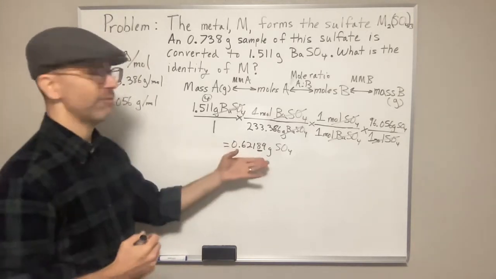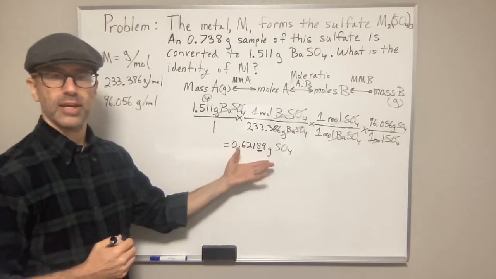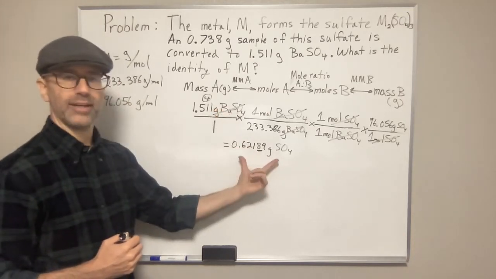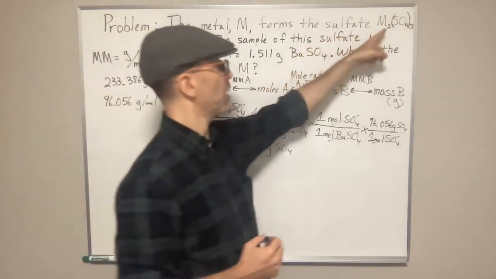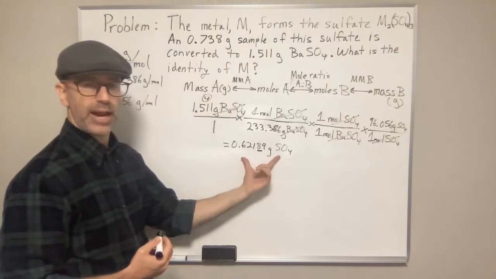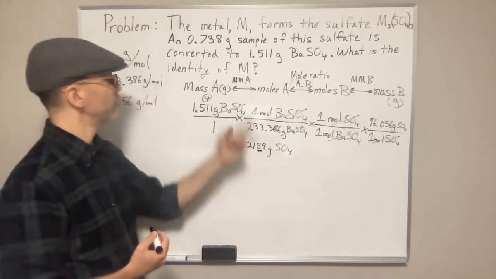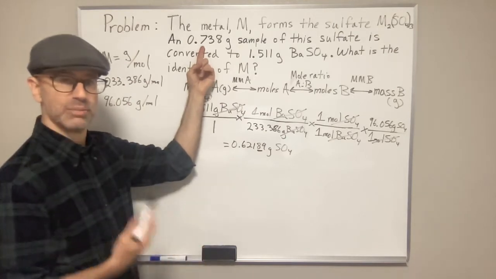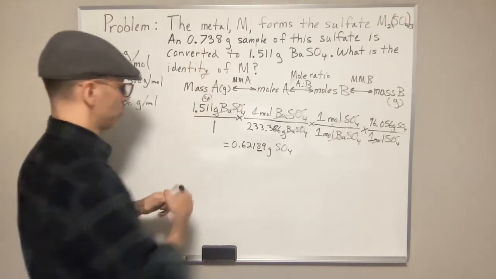Okay, so now I have the mass of sulfate that was in the barium sulfate. All of this sulfate came from our metal sulfate. So we can subtract that mass from the original mass of the sulfate sample, and then whatever is left over has to be the mass of the metal. So let's do that.